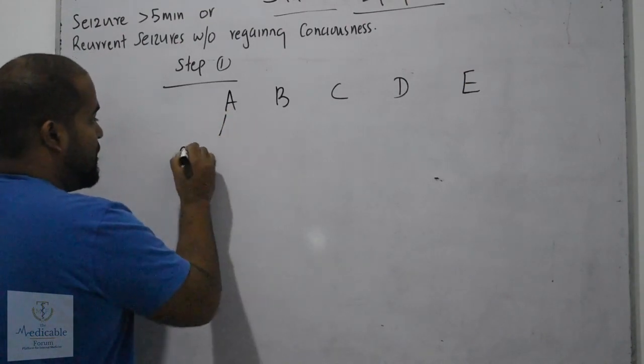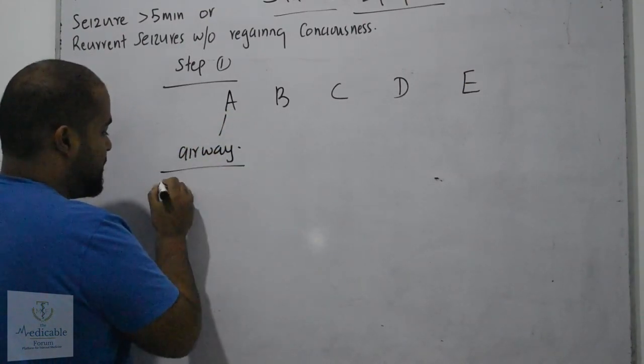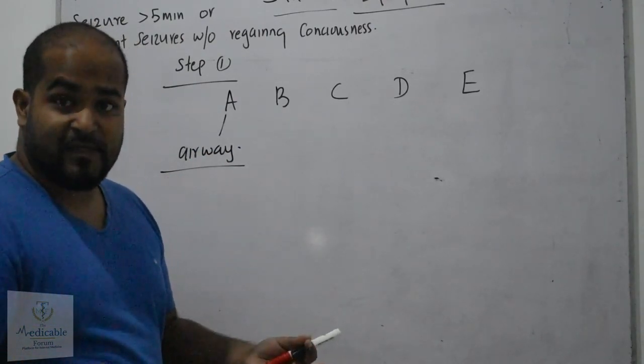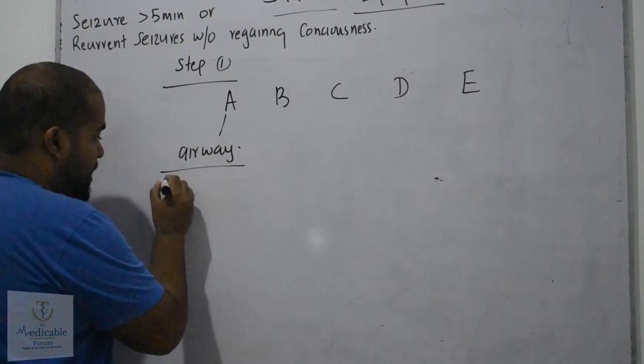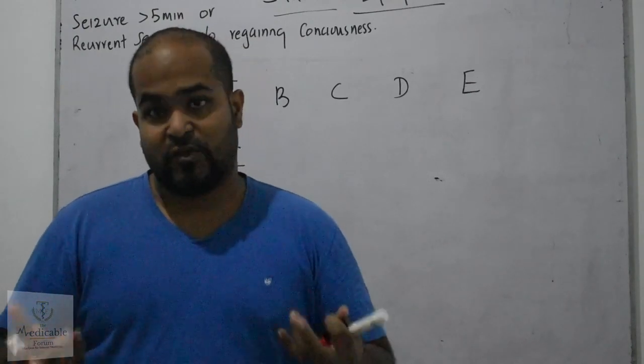So first of all, you check the airway. If it is not patent, you need to make sure you take necessary measures to make it patent. So you can use the triple maneuvers: head tilt, chin lift, jaw thrust.